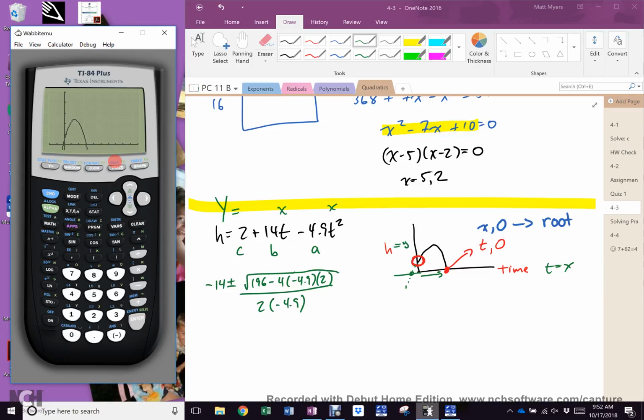Are we trying to calculate something from this graph? Yes. So we are going to push second, calc. And now you're looking at this. Everybody's looking at this screen now, yeah?